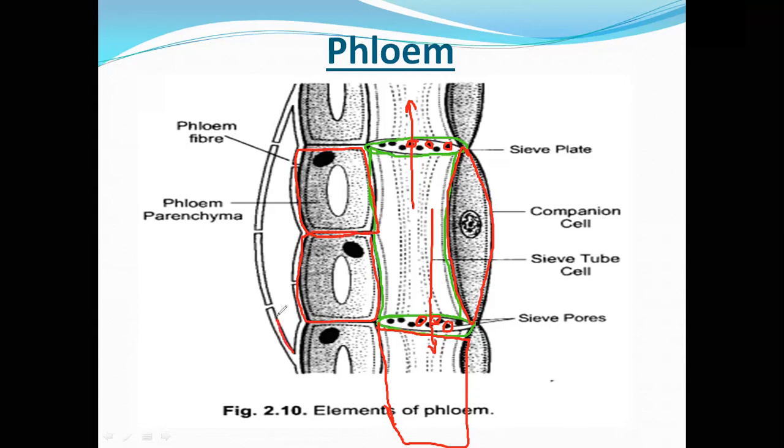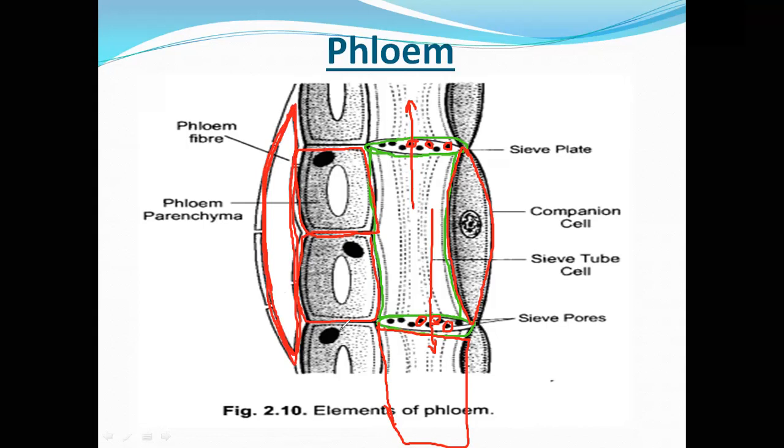You see, this dead cell has long tapered ends and a narrow lumen. This is the phloem fiber cell. Clear? The main function of fiber is to give mechanical support.